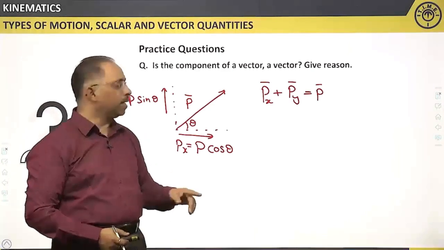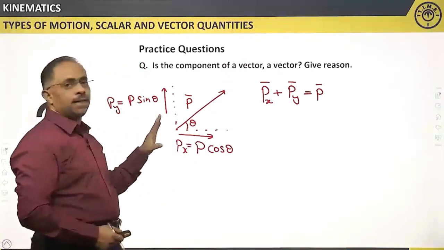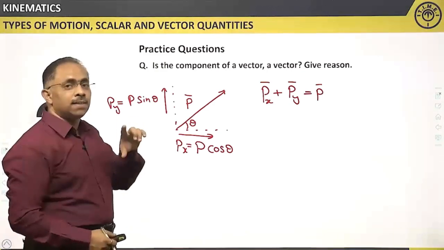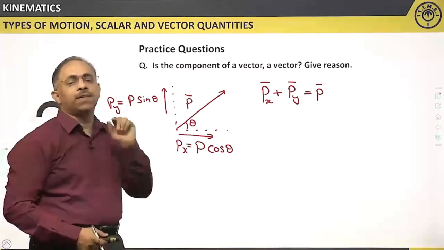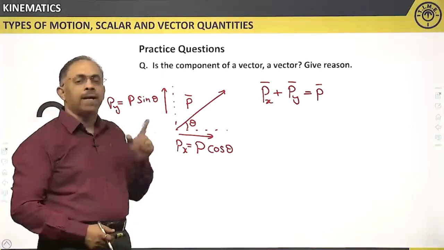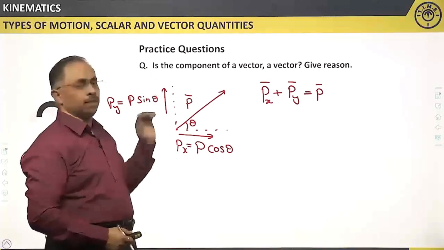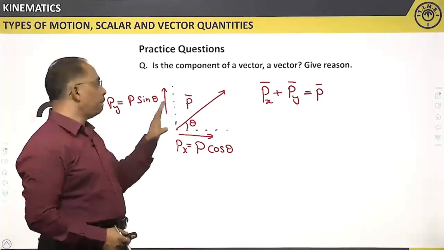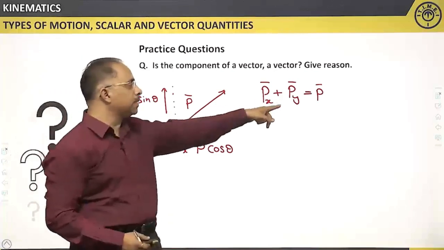Similarly, Py bar means P sin theta associated with a vector whose magnitude is 1. Because the magnitude is 1, it is a unit vector. Unit vector in what direction? Y direction. If I take the unit vector in the y direction and multiply that with P sin theta, then I can write it as Py bar.